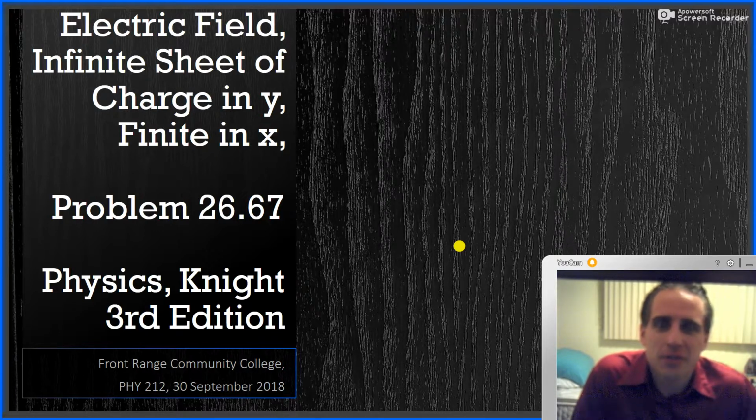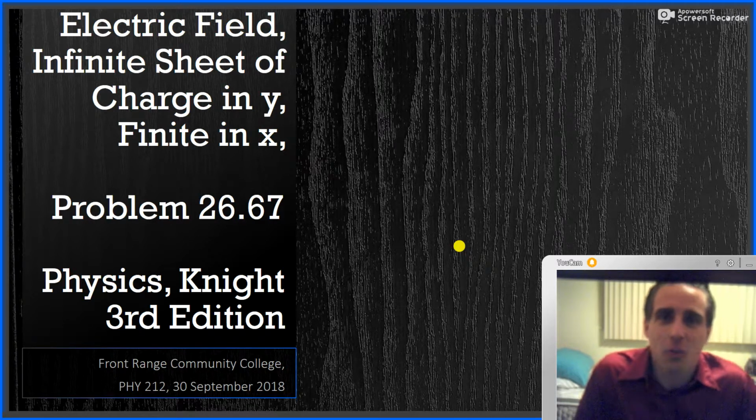I'd like to discuss a challenge problem that was presented to me in a classroom setting recently, and it's the electric field of an infinite line of charge in the y direction, but only finite length in the x direction, and having width L centered on X, and basically we'd like to find the electric field of that.